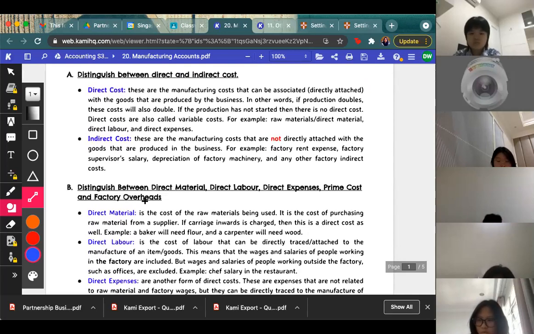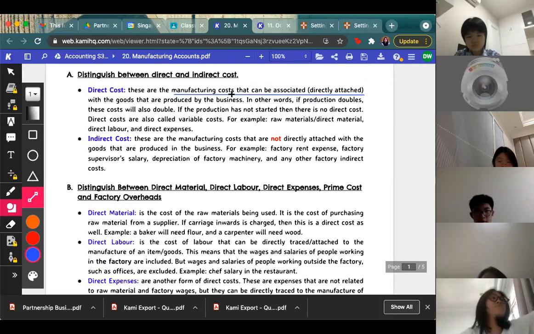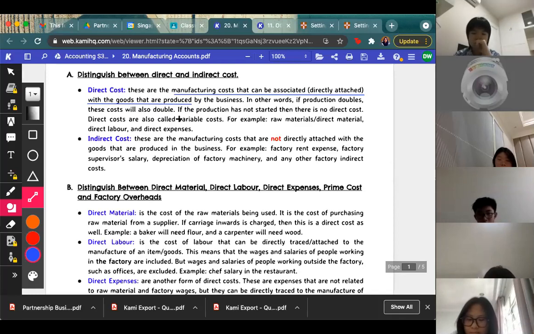First of all, we have to be able to distinguish between direct and indirect cost. What is actually direct and indirect cost? Direct costs are the manufacturing costs that can be directly attached to the goods that are produced by the business. In other words, if production doubles, this cost will also double. If the production has not started, then there is no direct cost.